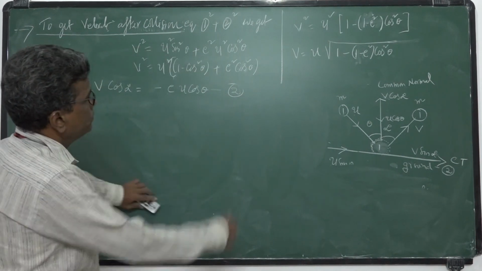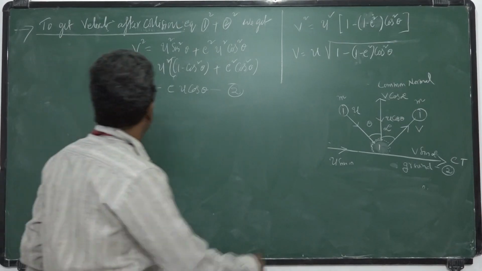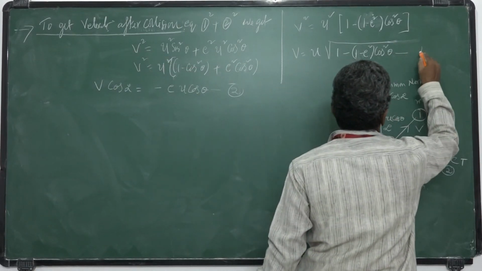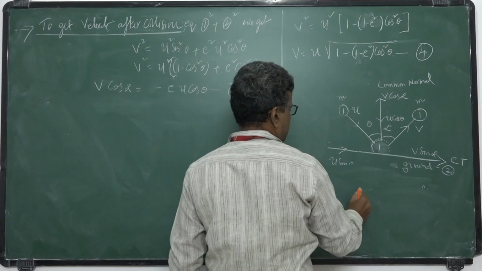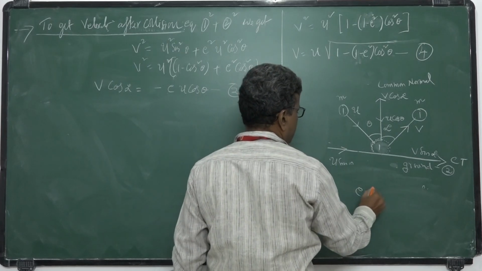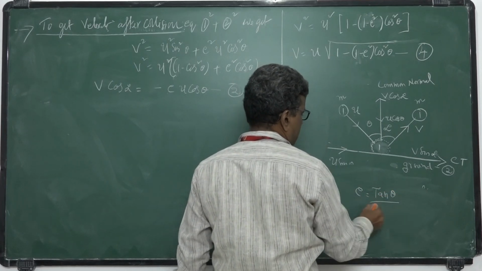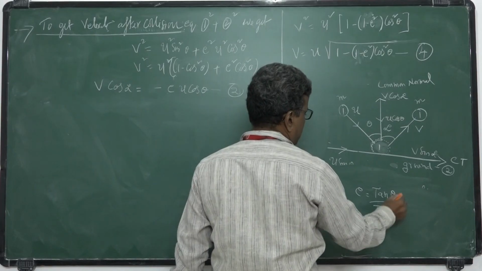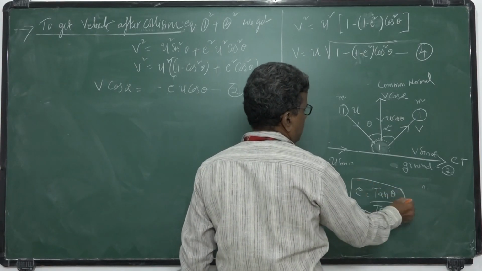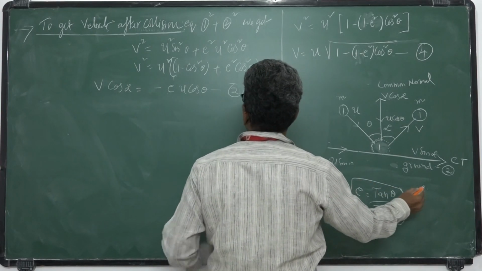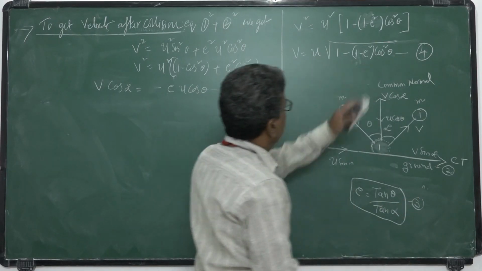This is the velocity after collision, you call it equation 4. And e is equal to tan theta by tan alpha, you take it as equation 3. This is 2, 3, 4.